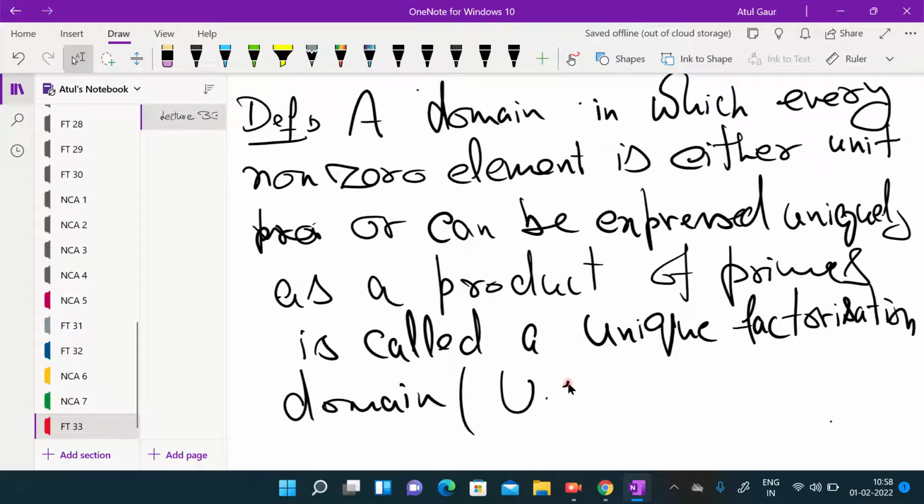So UFD for short. So we will use this UFD in future.